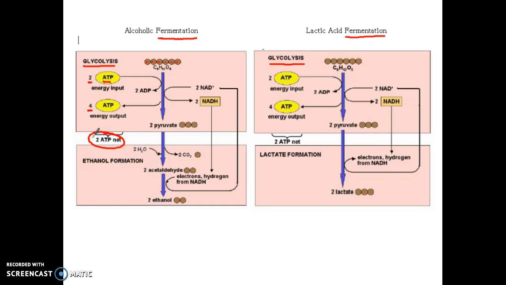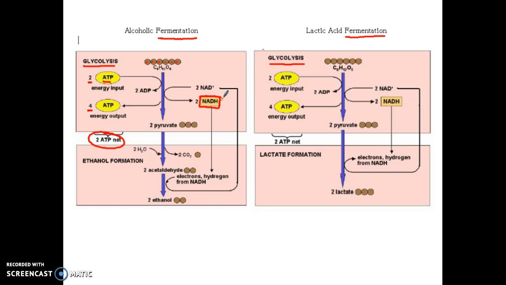Along that process, we are going to remove high energy electrons, and we're going to produce this NADH. So this molecule, NADH, has been reduced. It gained those electrons that were embedded within the molecules that transition between glucose to pyruvic acid.